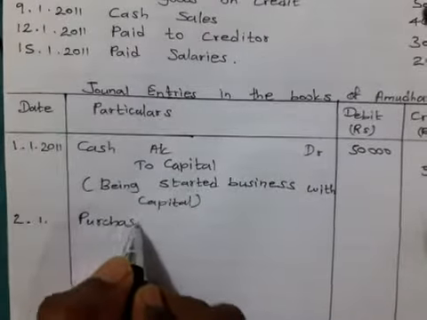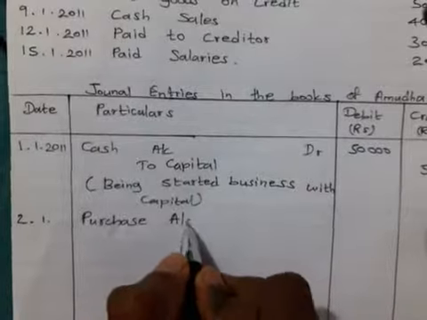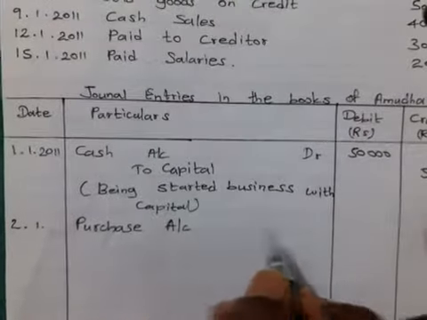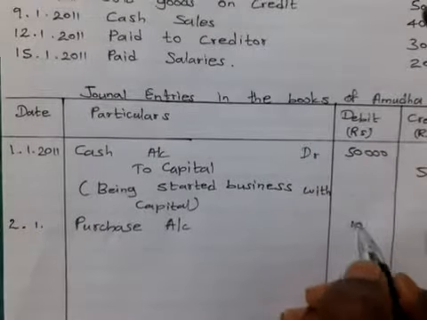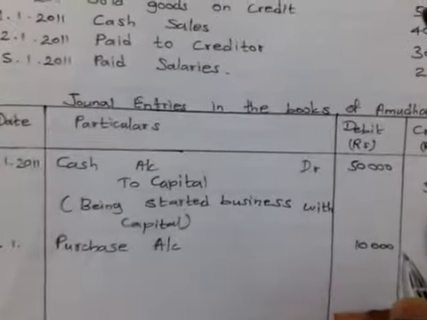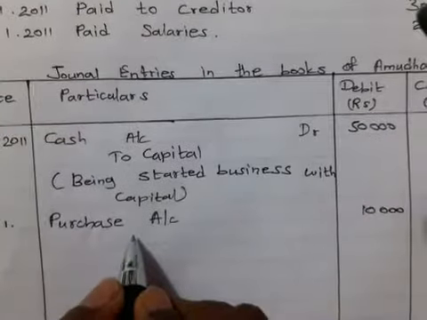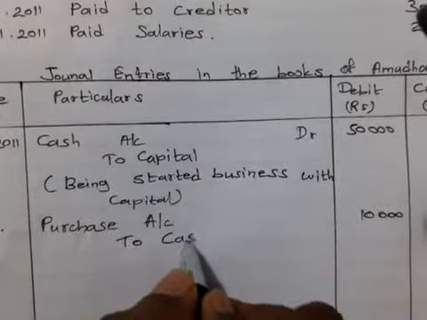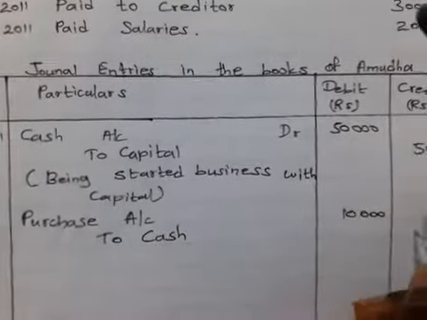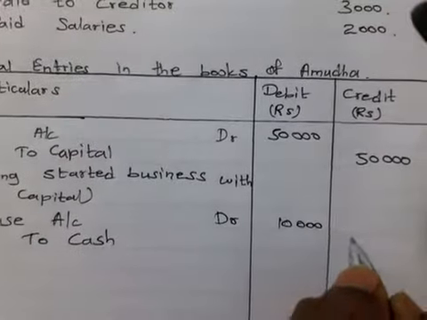Purchase is an expense type of account, so purchase increases 10,000, and cash reduces because we are paying cash, $10,000.